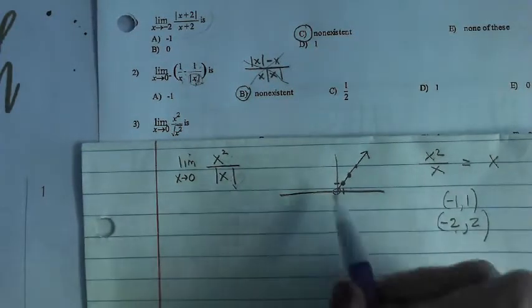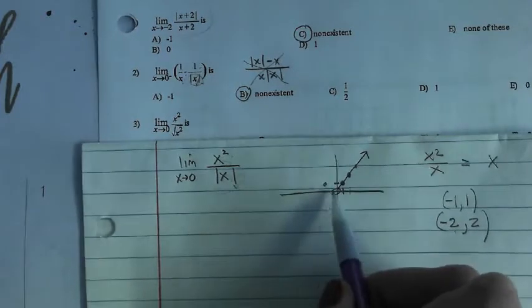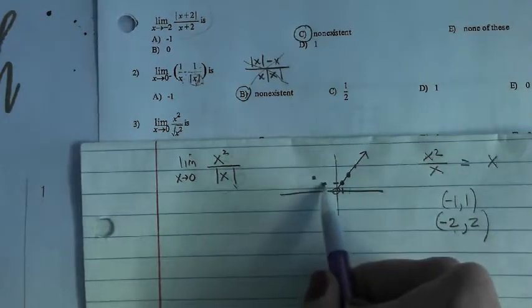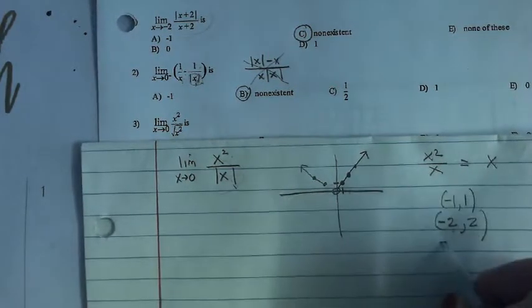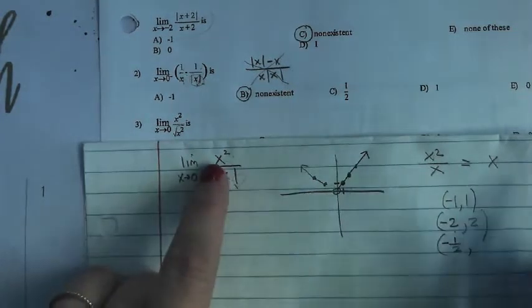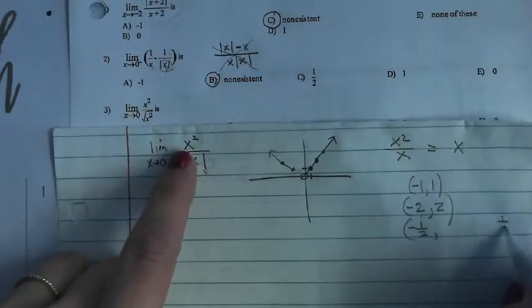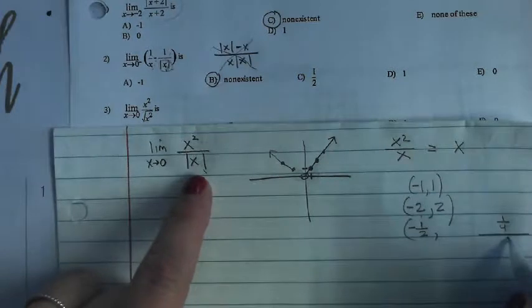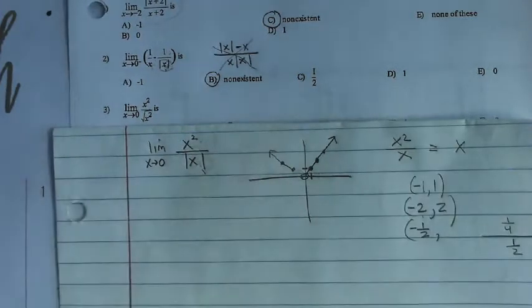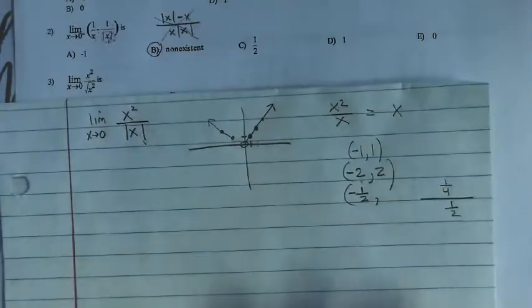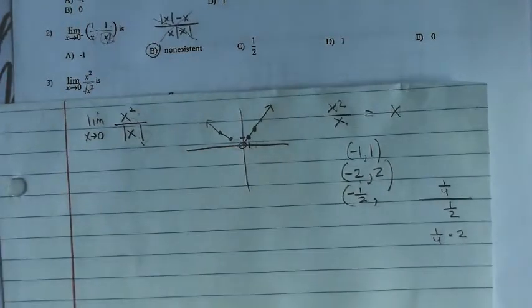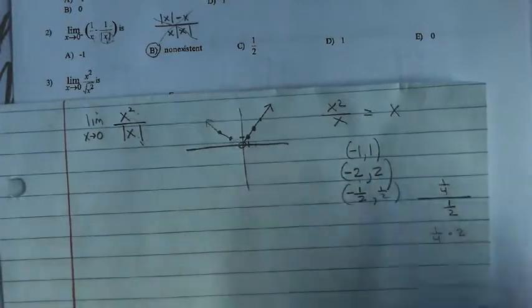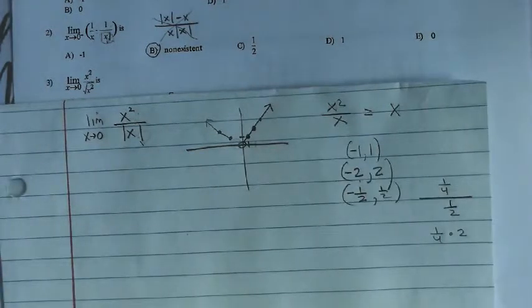So I see -1 is at 1, -2 is at 2, so it kind of looks like a similar thing is happening, but let's get closer to 0. What if I plug in -1/2? That's going to give me a 1/4 up top divided by a 1/2 on the bottom. What's 1/4 divided by 1/2? Keep, change, flip, 1/2. So you can see the pattern remains, doesn't it?